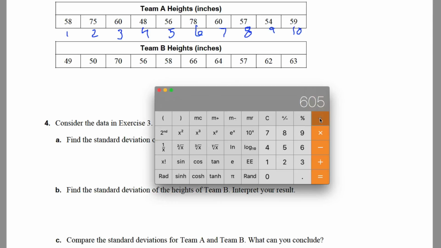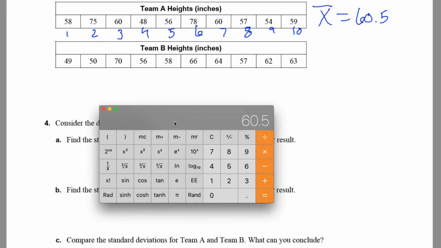So we're going to divide that by 10, and we get 60.5. So my average, or my mean, which is represented by an x with a bar on it, is 60.5.